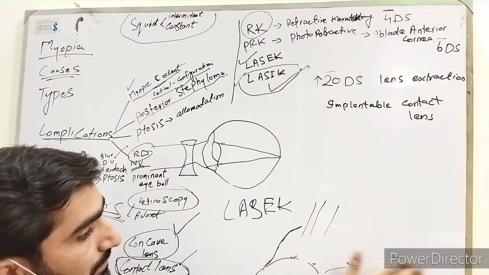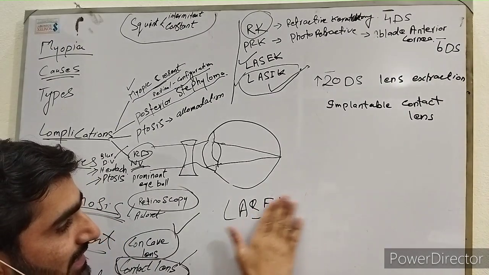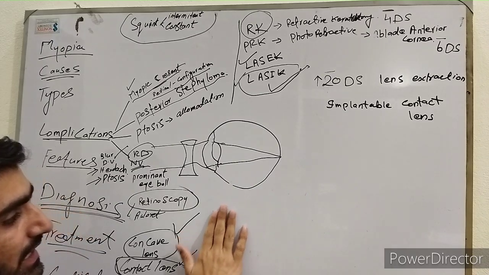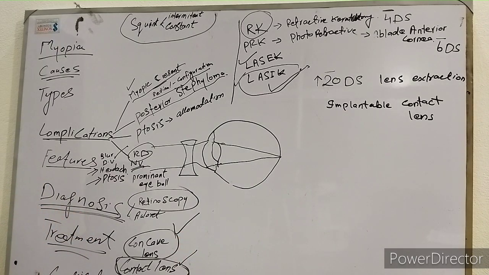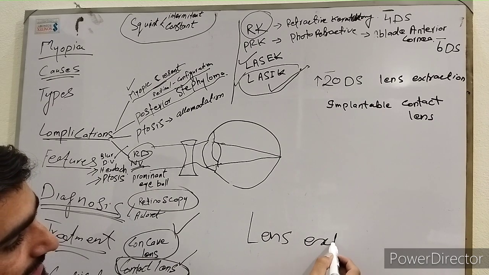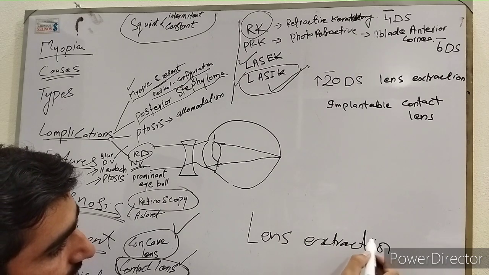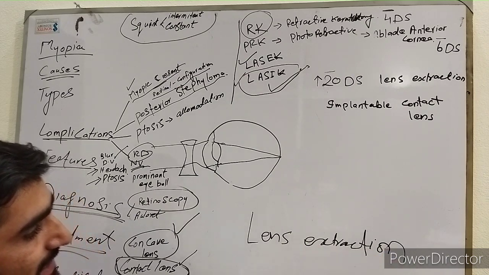And if any patient does not agree to LASEK or LASIK or any surgical treatment, then we have the option of lens extraction. In this case, we extract the complete crystalline lens from the eye.